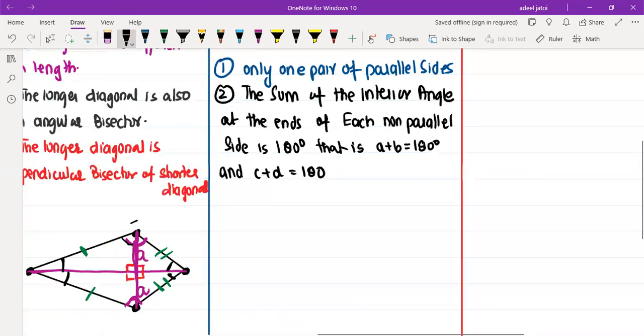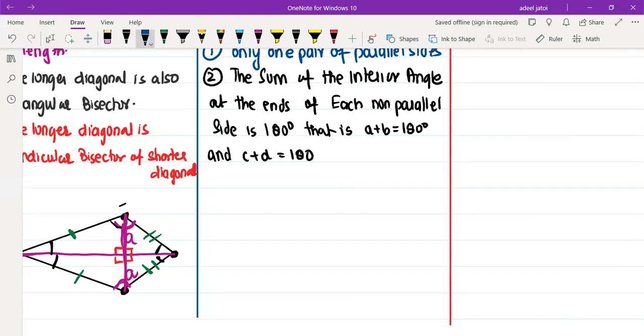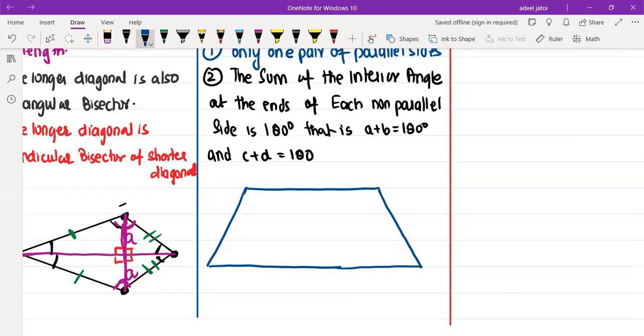Now, creating this trapezium, if we have a line that goes up like this, and there is a straight line, the question says only one pair. That means these two lines are parallel.